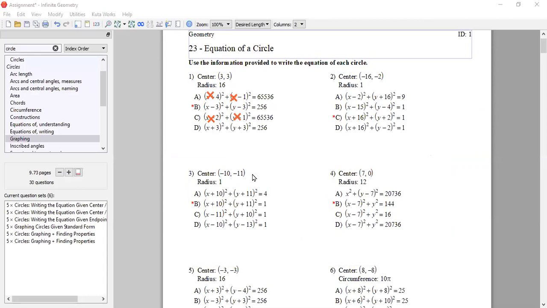The center is at positive 3, so is it B or D? Well, you have to have the minus in there, so it would be B. You don't even need to figure out what 16 squared is, okay? All right.